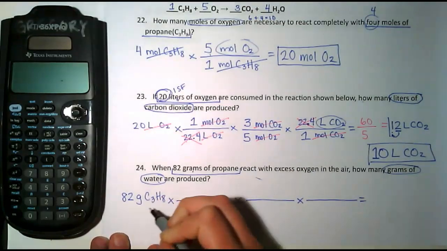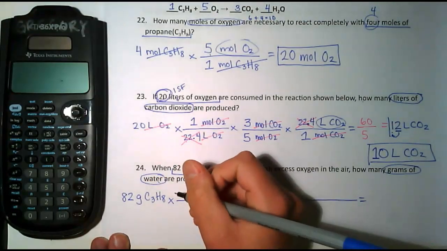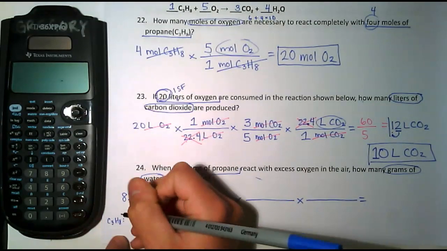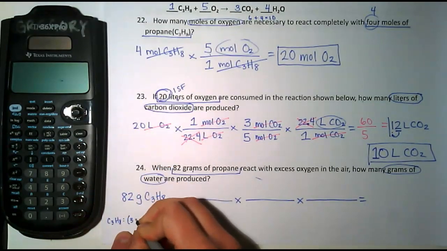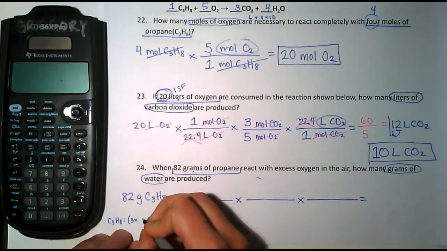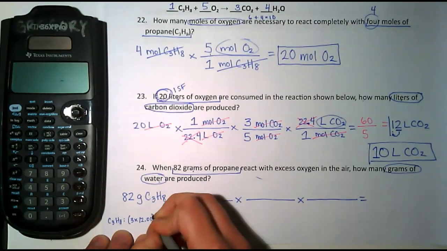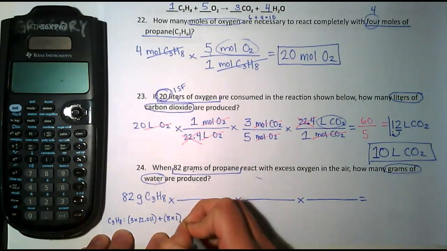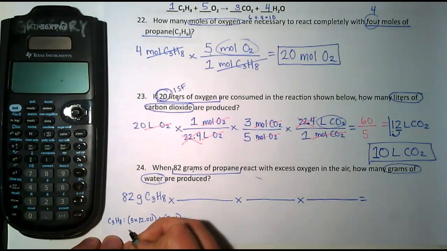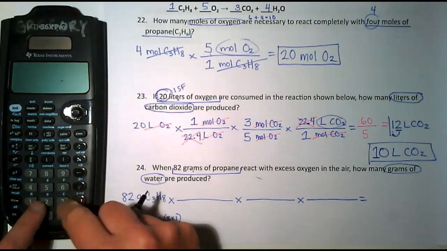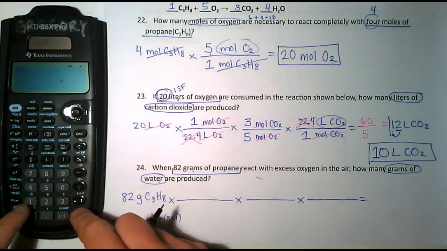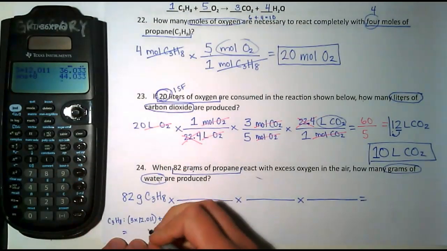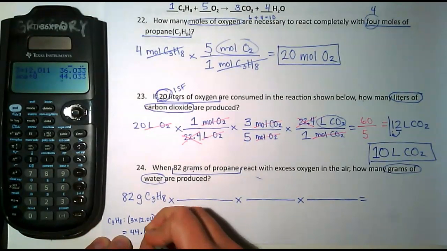So, since we have grams, we do need to find the molar mass of these substances. So C3H8 is going to be 3 times the mass of carbon, which is 12.011, plus 8 times 1. So when we do that, that's going to give us a molar mass, 3 times 12.011 plus 8 gives us 44.033.